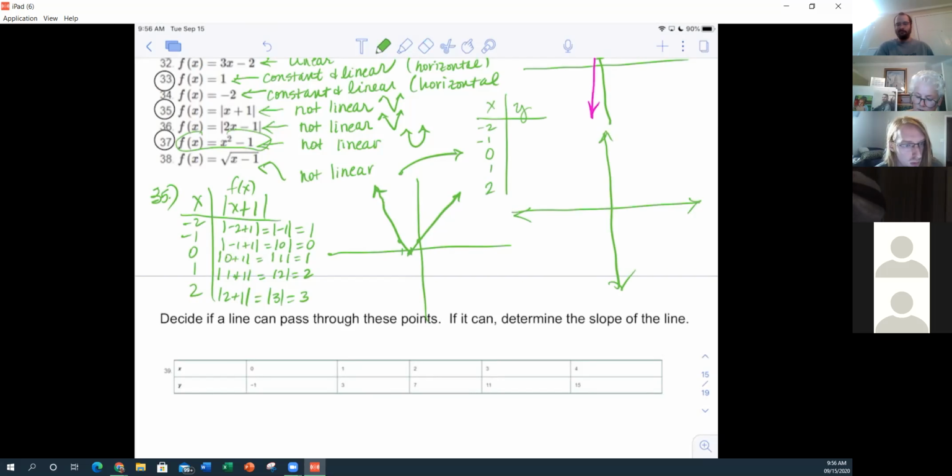So if you take -2 and square it, you get 4, minus 1 is 3. -1 squared is 1. Minus 1 is 0. 0 squared is 0. Minus 1 is -1. 1 squared is 1. Minus 1 is 0. 2 squared is 4. Minus 1 is 3. So we've got -2, 3, -1, 0, 0, -1, 1, 0, and 2, 3. Now resist the urge to make a V shape. You know it looks like a U, so make it a U shape, okay? Don't make it pointy.